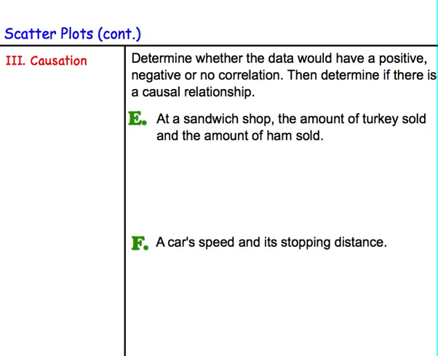Now I know typically if you're going to be eating turkey, you're not going to be eating ham. So I'm going to say that as the amount of turkey increases, the amount of ham is going to decrease of what we're selling. This would mean that we have here a negative relationship or negative correlation.